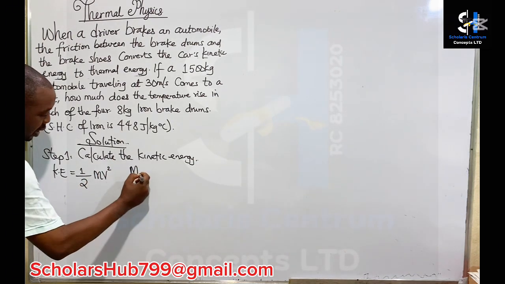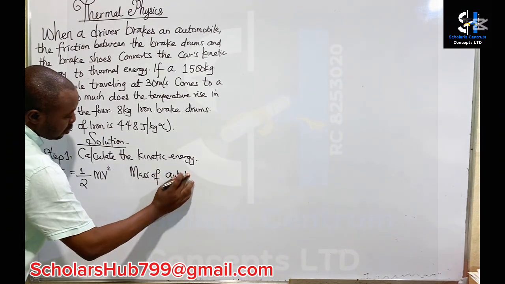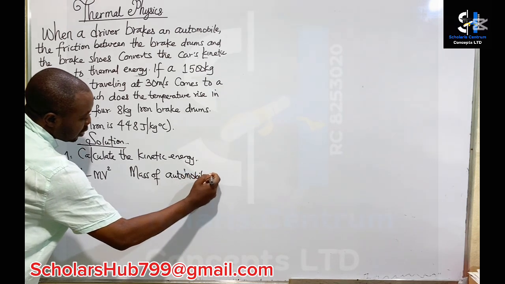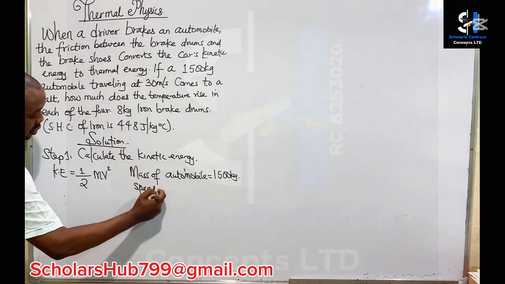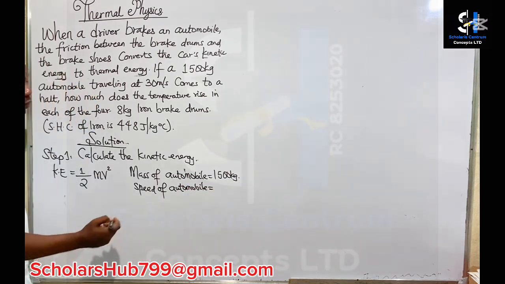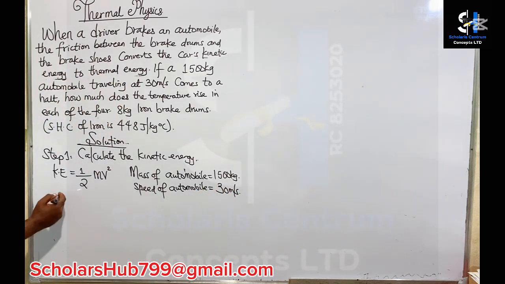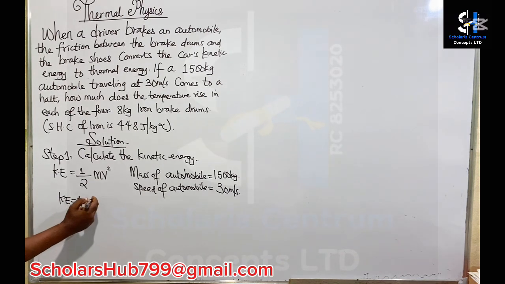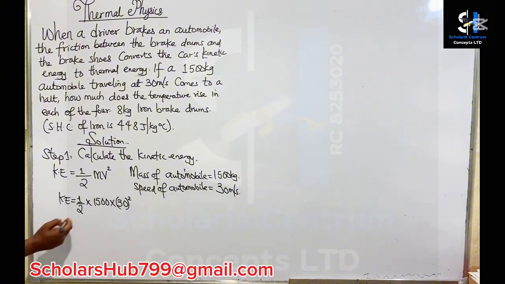The mass of the automobile is 1500 kilograms, and the speed of the automobile is 30 meters per second. So the kinetic energy will be 1/2 multiplied by the mass, 1500 kilograms, then the speed, 30 raised to the power of 2.